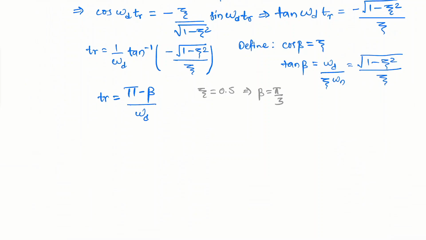So when we substitute here, the rise time for our given problem turns out to be pi minus pi by 3 over omega d, which is omega n, that was 3, under root 1 minus 0.5 square. So this expression evaluates to 0.8 seconds. So this is the rise time.